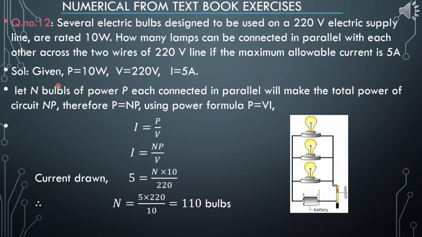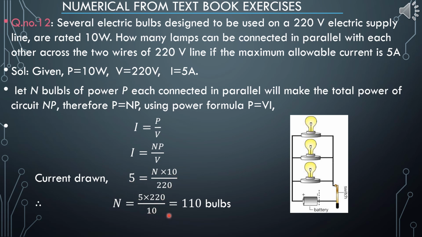So let us assume n number of bulbs of power P are connected in parallel, and that will make a total power n into P. Now use the power formula, P is equal to VI, so I is equal to P by V. Substituting the total power as nP, I is equal to nP by V. Substituting the values, n, the number of bulbs connected in the circuit, is equal to 5 into 220 divided by 10.